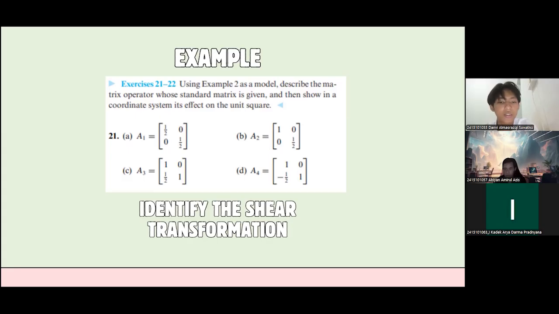So the answer to this problem is that the shear transformations will be A3 and A4. Why? Because matrices A3 and A4 are shear transformations, because A3 matches the form of a vertical shear.